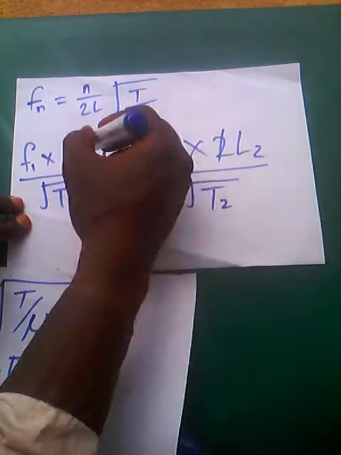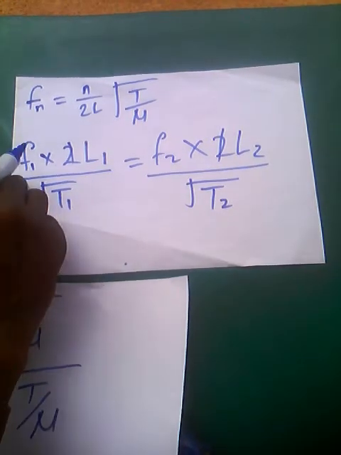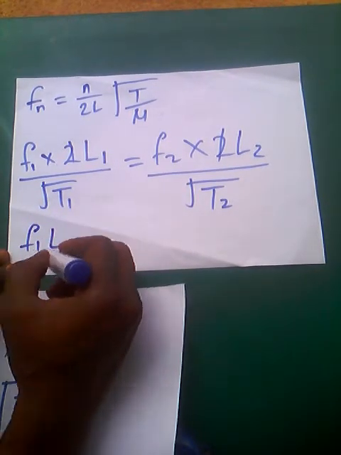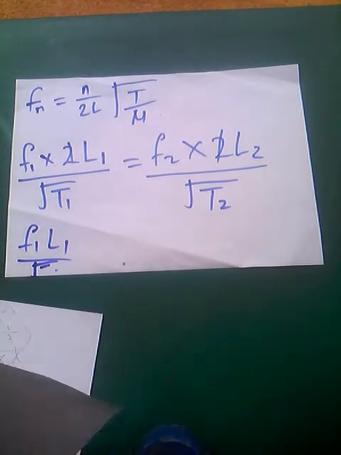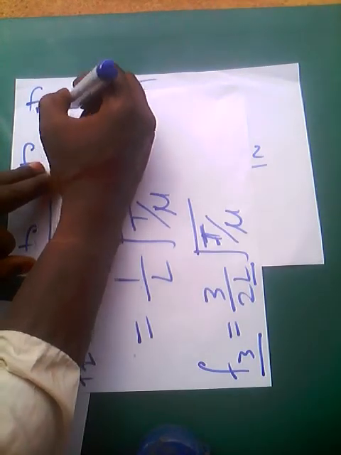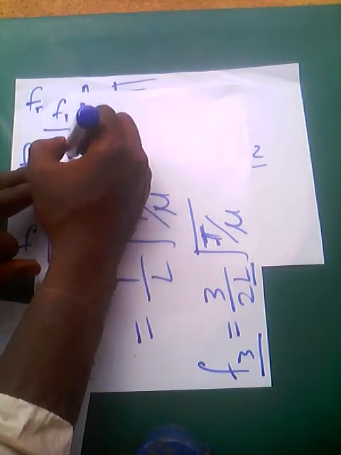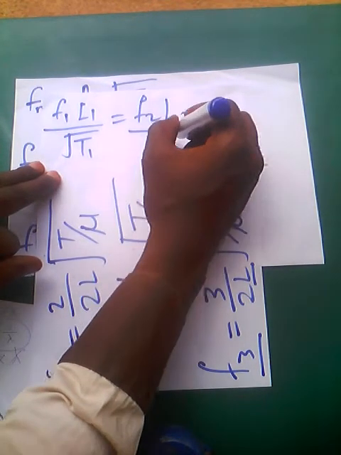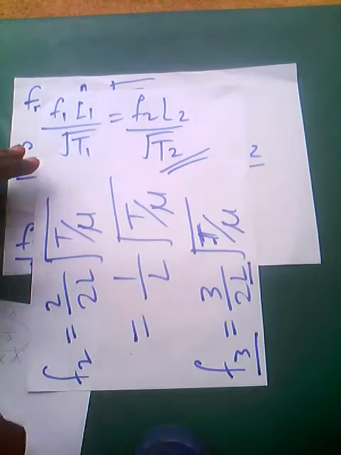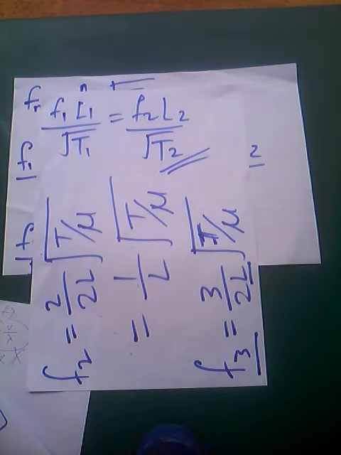So we know these two cancel out. So we have F1 L1 over root T1 is equal to F2 L2 over root T2. That's all. With this formula, we can always solve any problem that involves frequency, length, and tension.